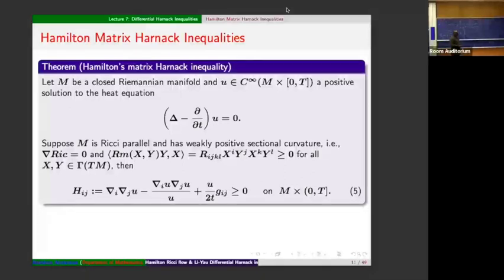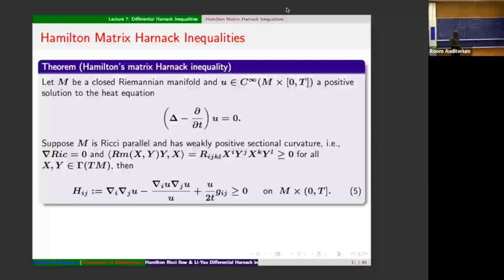Now suppose M is Ricci parallel and M has weakly positive sectional curvature. By Ricci parallel, we have the gradient of the Ricci curvature equal to 0. And weakly positive sectional curvature means the full Riemannian curvature, written in local coordinates, is greater or equal to 0 for X, Y smooth vector fields.